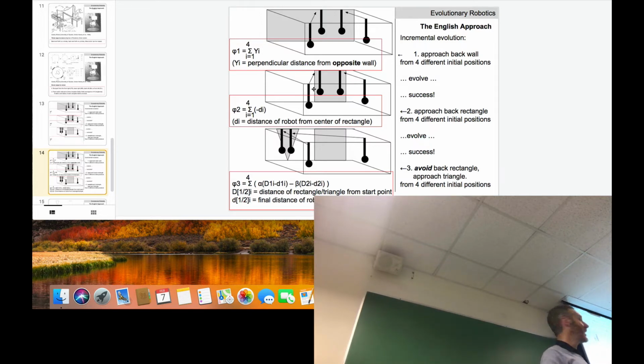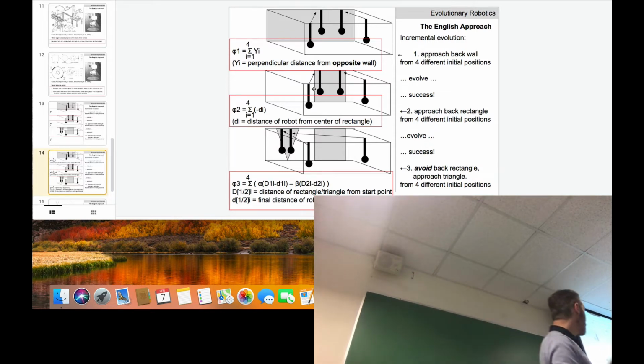So d sub I. You'll notice we have negative d sub I. Should be a sub I, it's just an I at the moment. Why negative? Not quite. We're penalizing distance. We're going to see a lot of fitness functions in this course, and ultimately all of them are some combination and permutation of rewards and punishments.